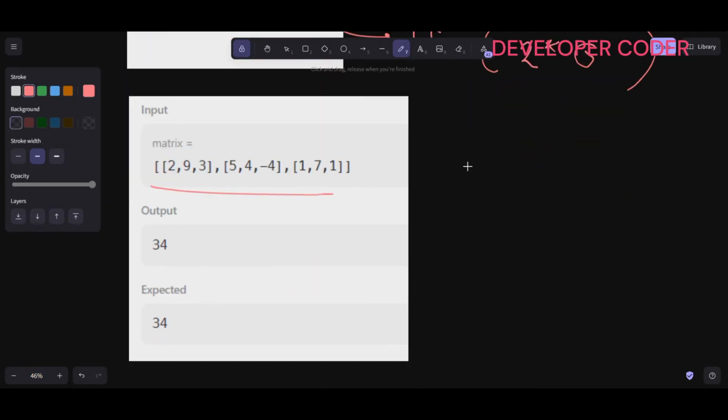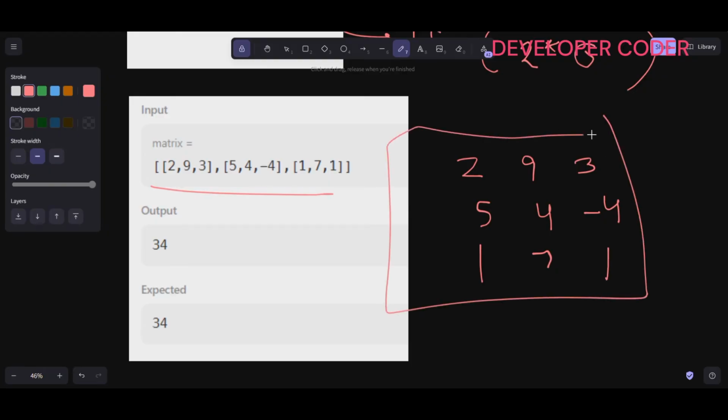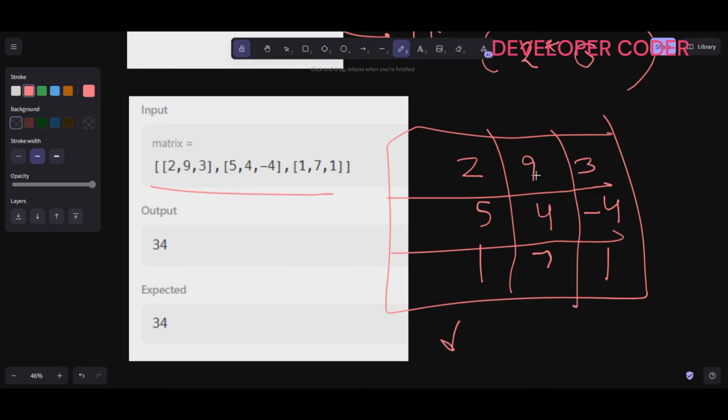Now see this example: 2 9 3, 5 4 4, 1 7 1. Tell me what is the answer of this one. Think about it quickly. First, you are going to do the summation of all of this. 2 plus 9 is 11, 11 plus 3 is 14, 14 plus 5 is 19, 19 plus 4 is 23, 23 plus 4 is 27, 27 plus 1 is 28, 28 plus 7 is 35, and 35 plus 1 is 36.